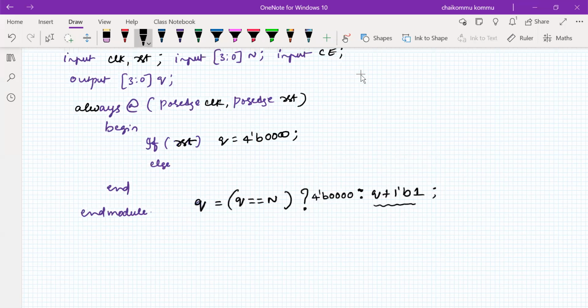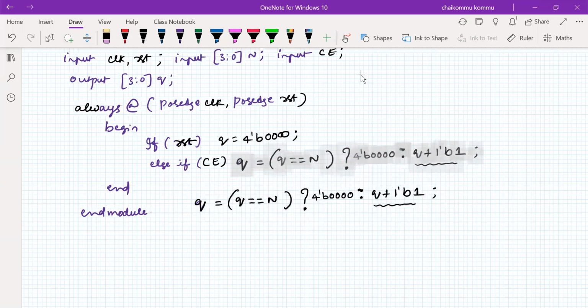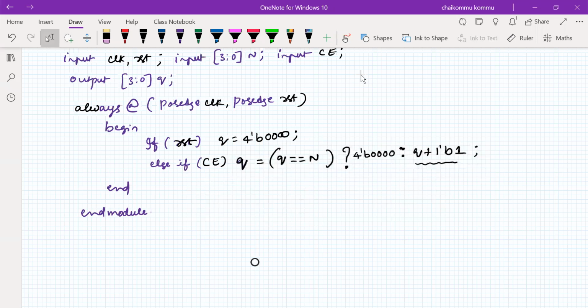Else if CE, count enable, the counting operation has to be performed. Is that all? This is what happens. If there is no count enable, the operation keeps whatever value was there previously, that same value remains. Right? So that means I'm giving the priority to the count enable.